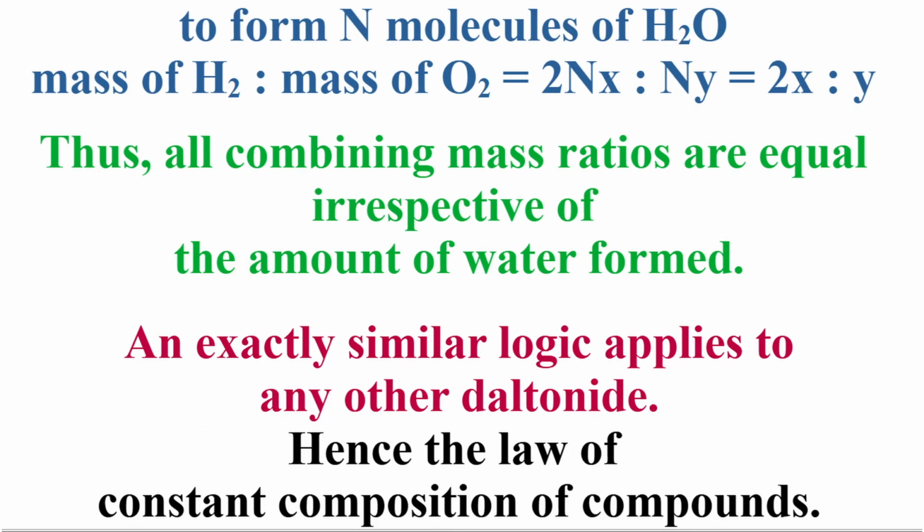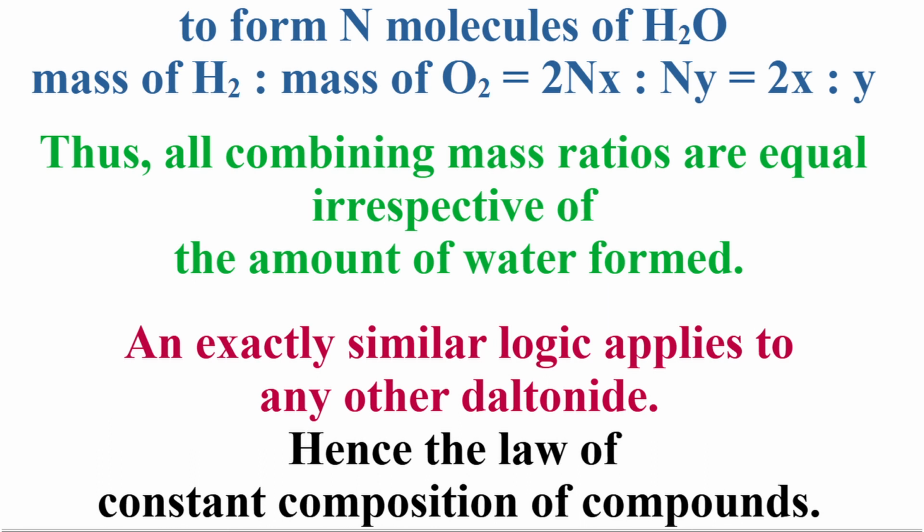In the generic case of forming n molecules of water, this ratio turns out to be 2nx to ny, which also simplifies to 2x to y. Thus, all combining mass ratios are equal to one another and hence form a proportion. That is, all samples of water have the same composition of hydrogen and oxygen by mass.